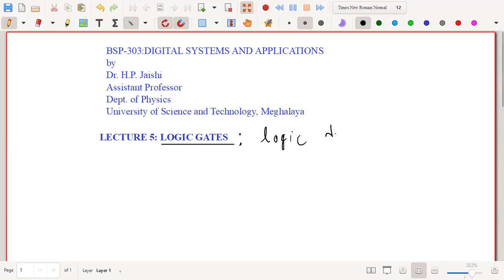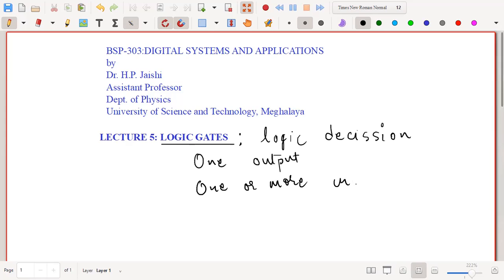Let me write it here: a logic gate is an electronic circuit which makes logic decisions. It has one output, and we can say it has one or more inputs.